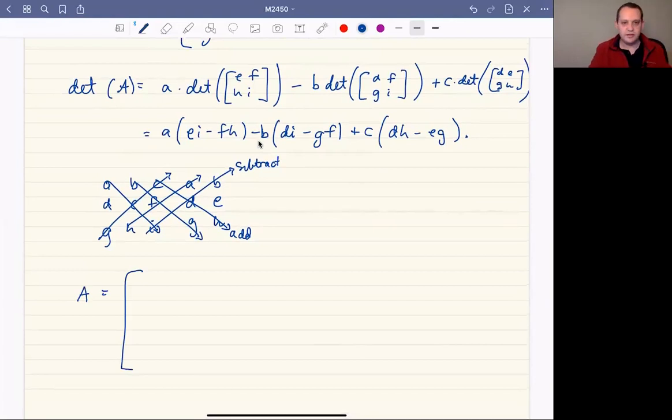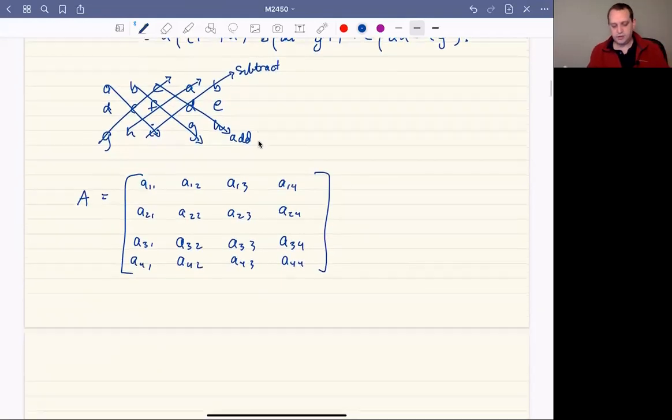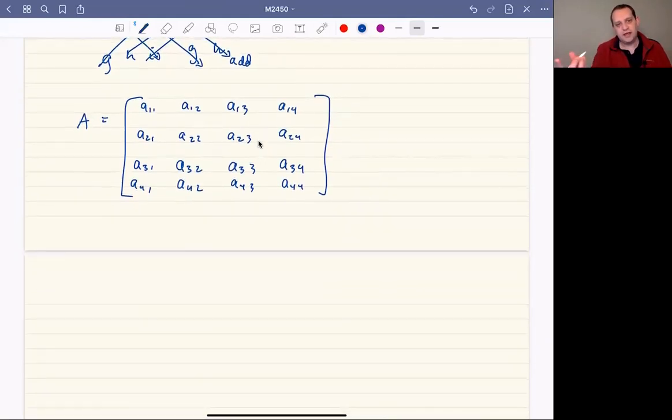So let's call these, I don't want to use A, B, C, and D anymore, but let's call these A11, A12, A13, A14, A21, A22, A23, A24, A31, A32, A33, and A34, and then A41, A42, A43, A44. So if I wanted to compute the determinant of this ridiculous matrix, we would do the same process again if we expanded along the first row.